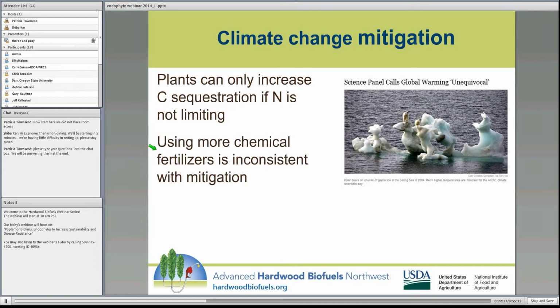And using more chemical fertilizers in order to produce more biomass for bioenergy is inconsistent with climate change mitigation because of this issue of the chemical fertilizers producing nitrous oxide, the potent greenhouse gas. So it makes much more sense to use natural symbiosis for nitrogen fixation rather than chemical fertilizers.